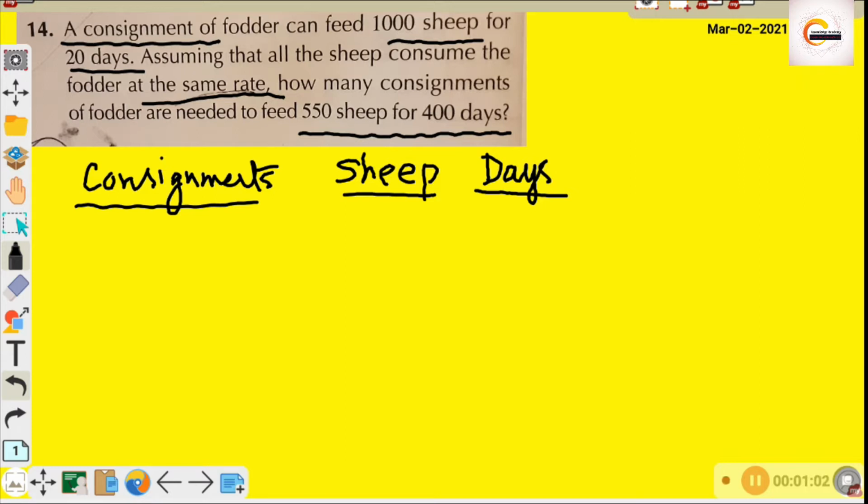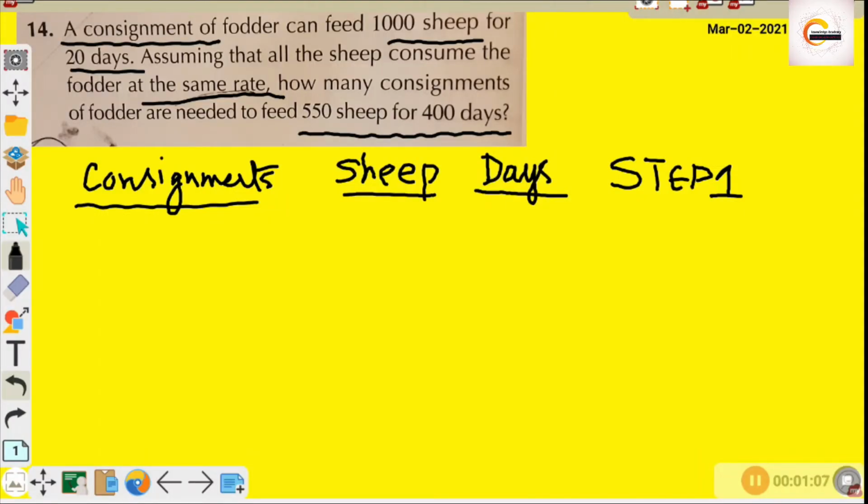So step number 1. As I have already explained, in both the steps we have to keep one variable constant. So which variable do I need to keep constant here in the first step? Let's go to the final question. The final question is, how many consignments of fodder are needed to feed 550 sheep for 400 days?